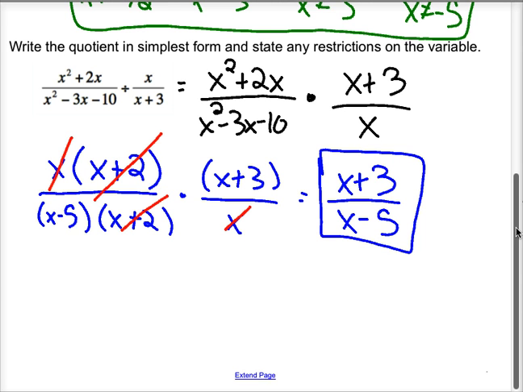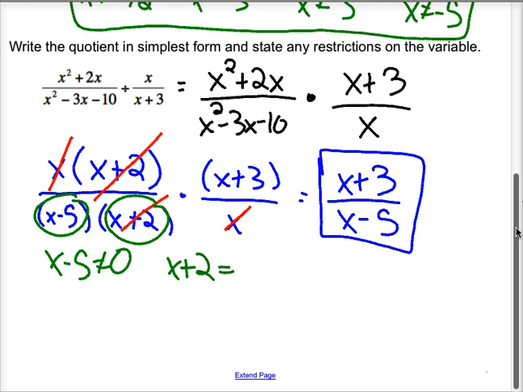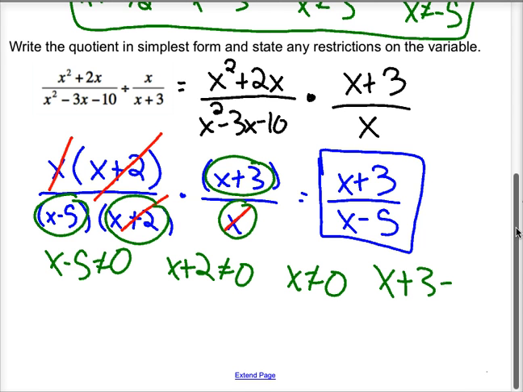For our restrictions, again, we go back to every piece of the denominator. And in the second one, we use both top and bottom. Again, because it's been flipped, don't forget both have been in the denominator.